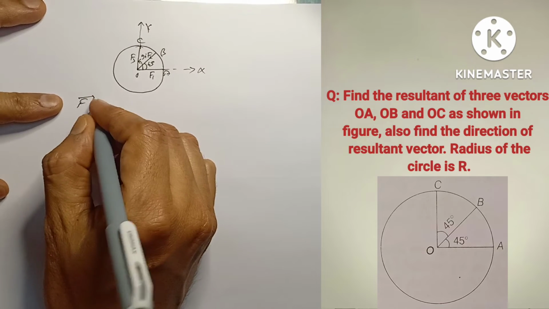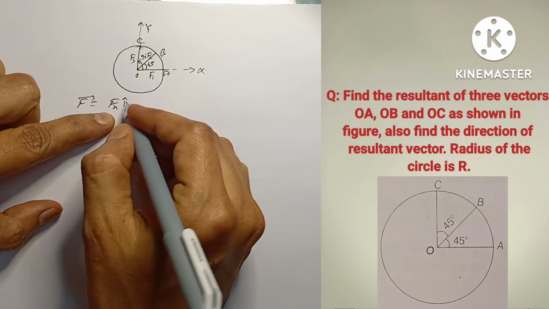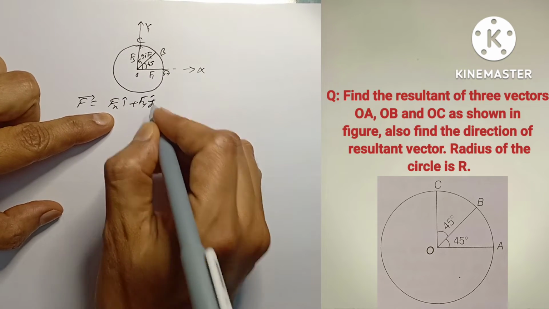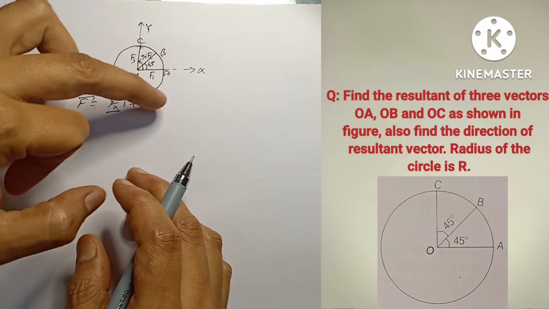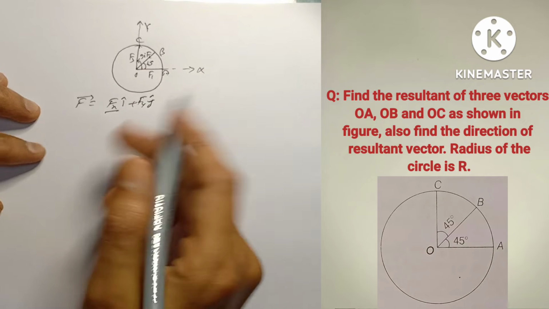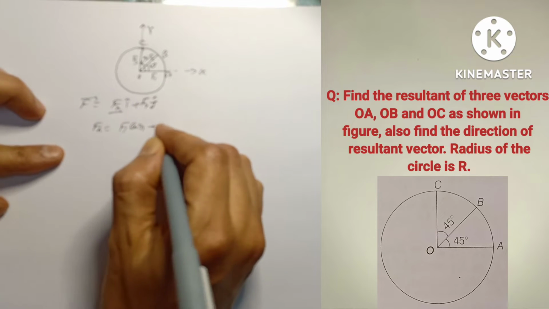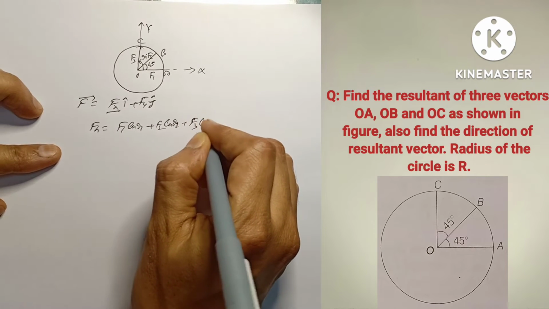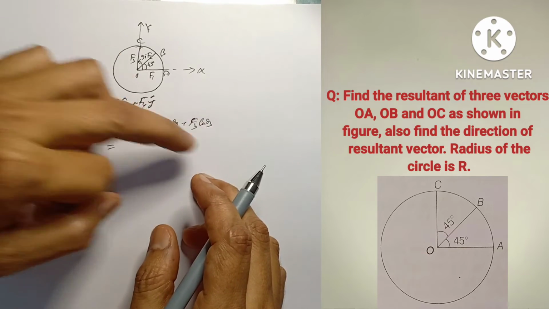We know the resultant vector f equals fx i cap plus fy j cap. So fx is the x component of f1, f2, f3. How can we get this? Fx equals f1 cos theta 1 plus f2 cos theta 2 plus f3 cos theta 3. So we need to calculate theta 1, theta 2 and theta 3.